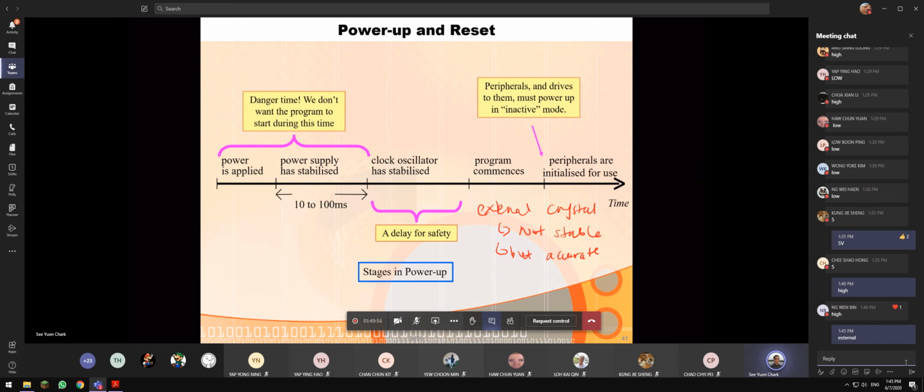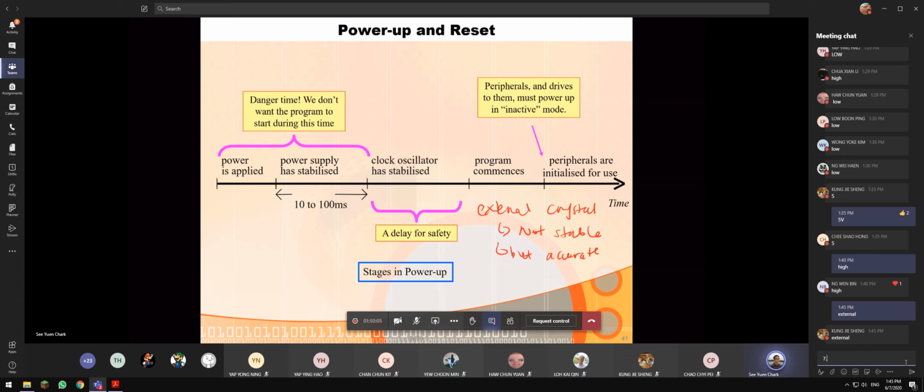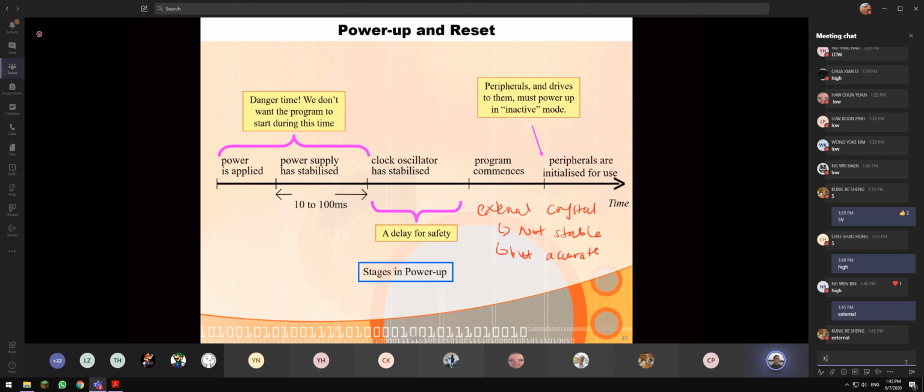Can you tell me, external or internal? External. So what frequency are you using? External means it's not very stable. Using an external crystal also consumes more power.